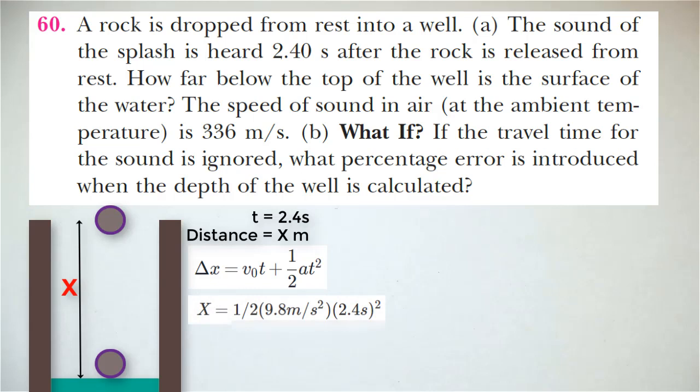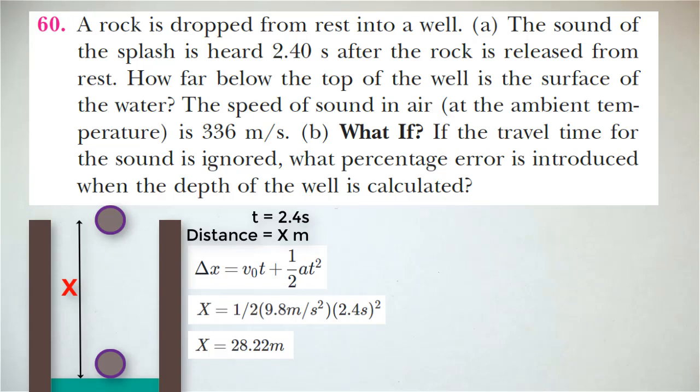Then the initial velocity is once again 0, so that whole term cancels out, and we move on to our second term, 1/2 times the acceleration, which is gravity, again positive 9.8 meters per second squared, times the time, which is now 2.4 seconds, squared. Once you simplify this arithmetic, you get the distance that the rock falls as 28.22 meters.